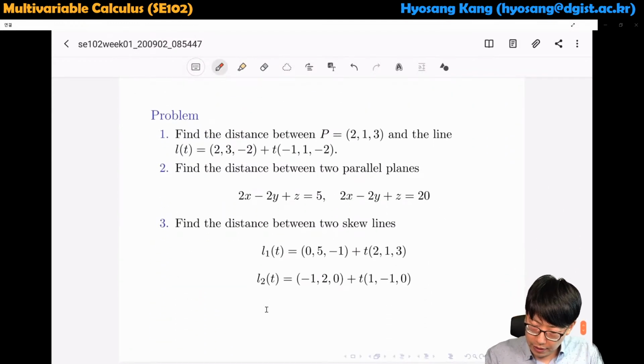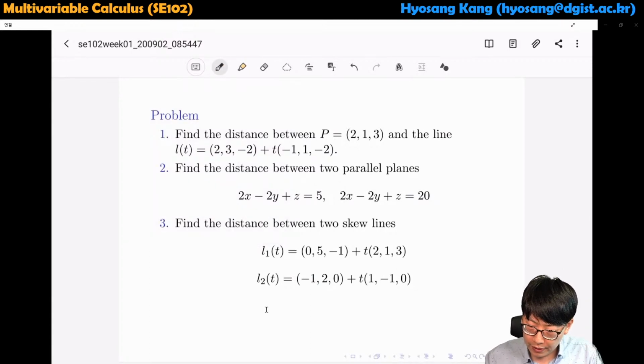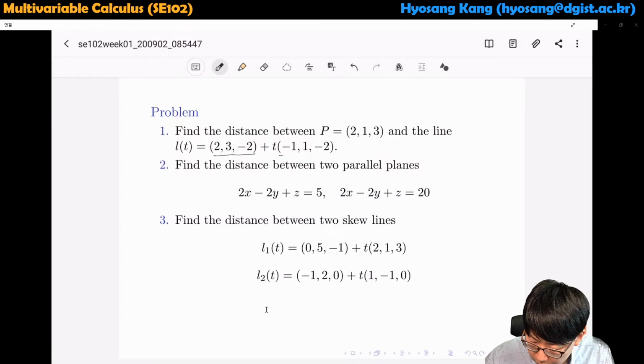So next problem. Now you want to find the distance between a point and a line. The line passes through this point and is parallel to this vector. So it's not a plane, it's just a point. I want to find the distance between the point and the line. Now let's say this is our line and here is our point.